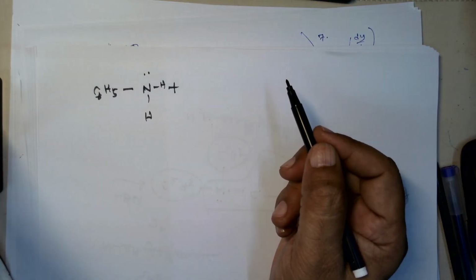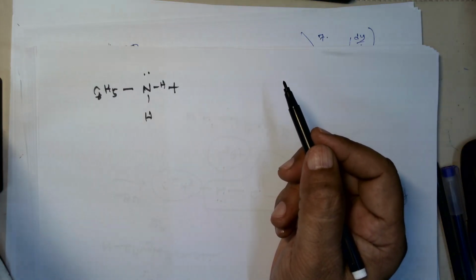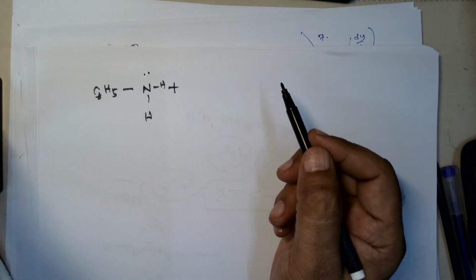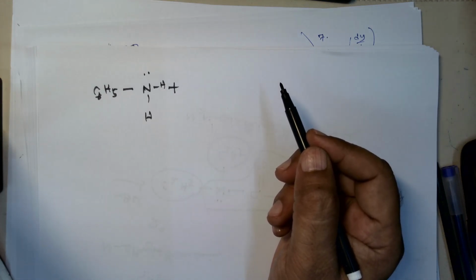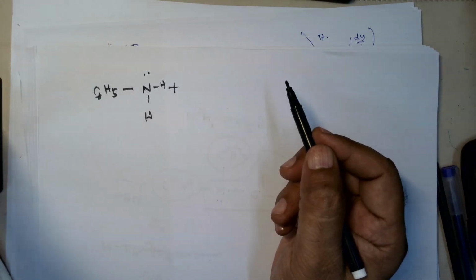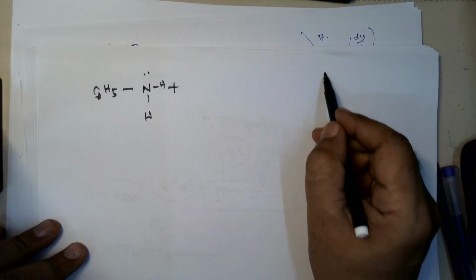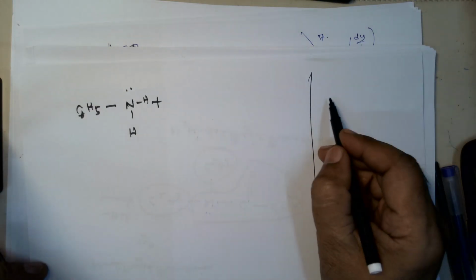Shall we take, instead of acetyl chloride, acetic anhydride also, because in acetylation studies you can use two types of compounds. One is acetyl chloride, another is acetic anhydride. What is acetic anhydride?